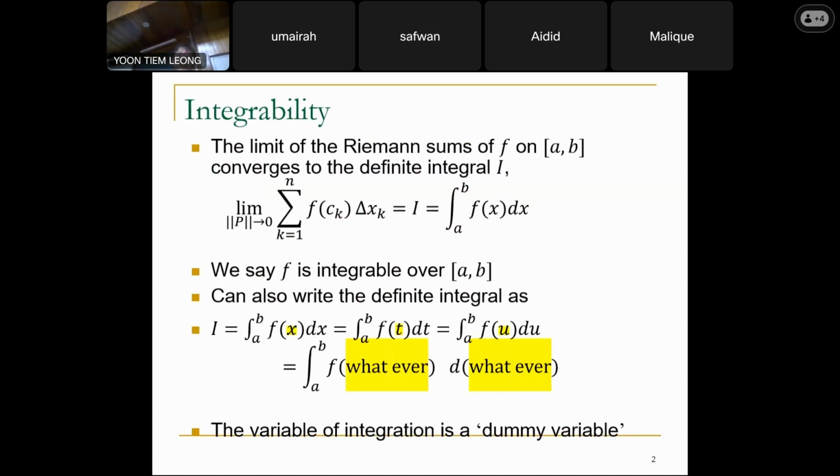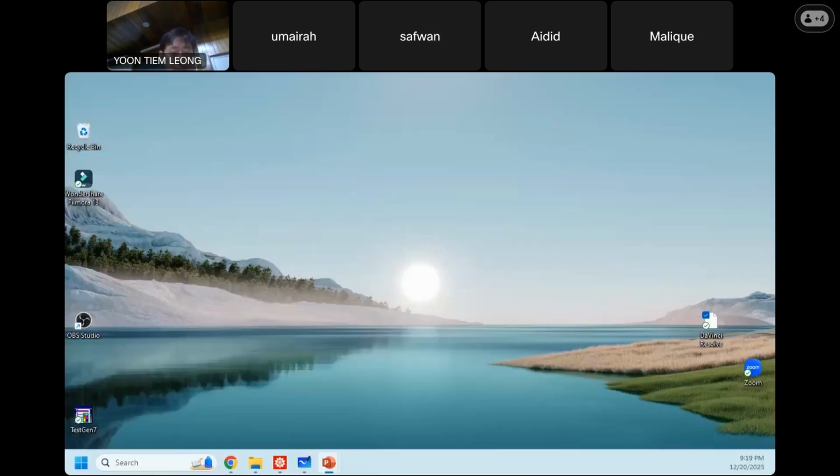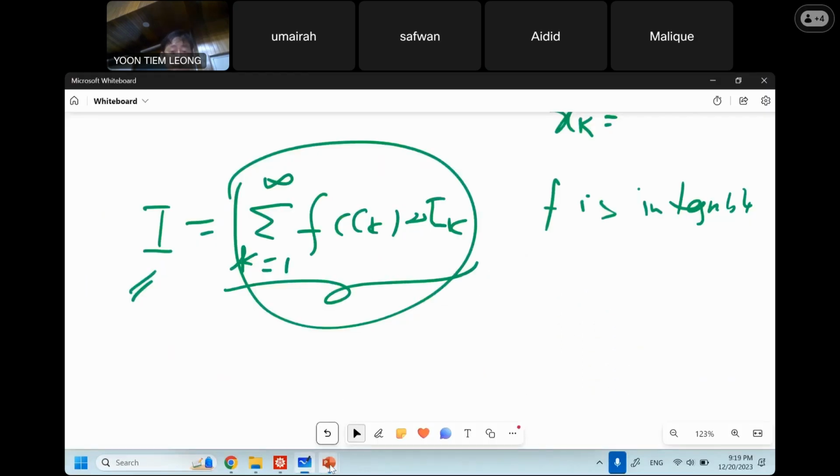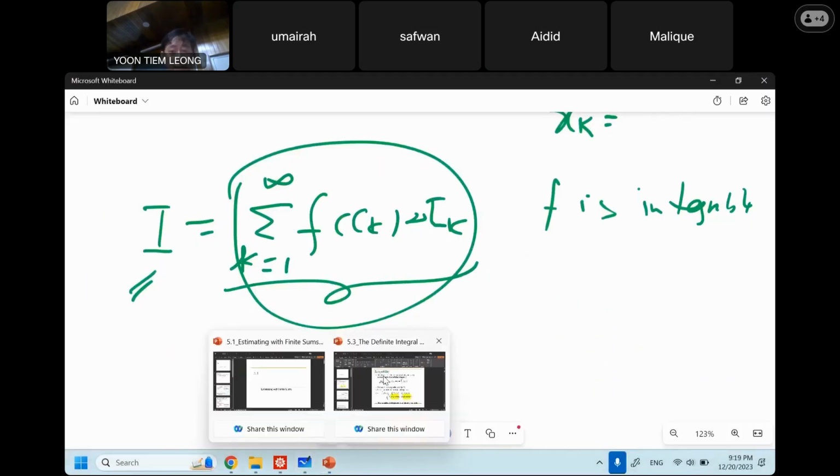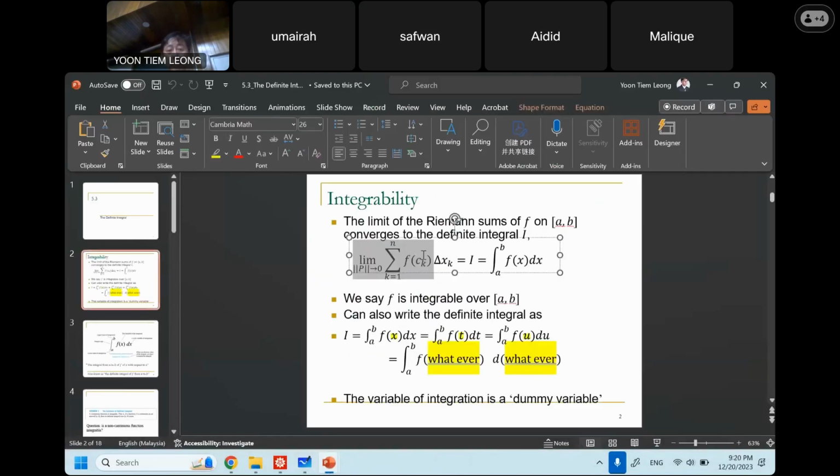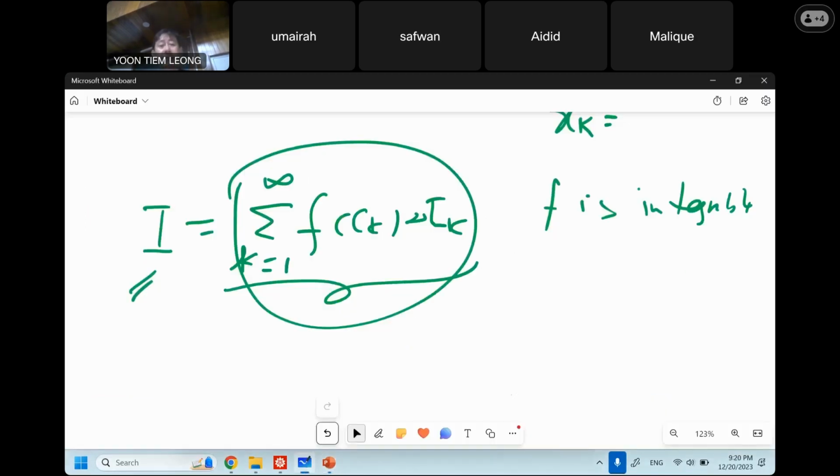And sometimes we represent the limit of the Riemann sum by a symbol, which is going to beplain here. So if a function's Riemann sum exists, then we represent the integrability of the function by a symbol.